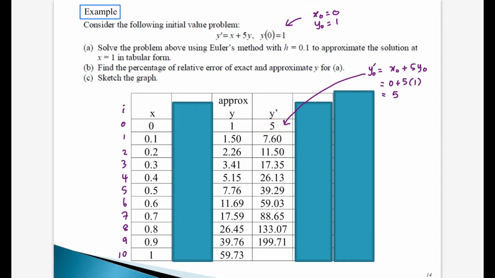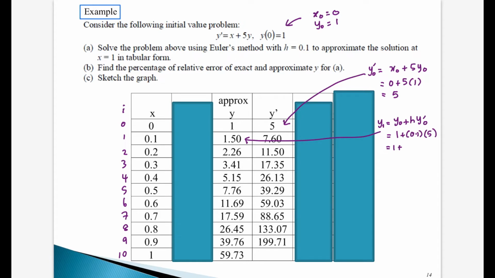And then how to get the next y here. y1 is equal to y0 plus h y prime 0. Okay, y0 is equal to 1, h is equal to 0.1 and y prime 0 is equal to 5.